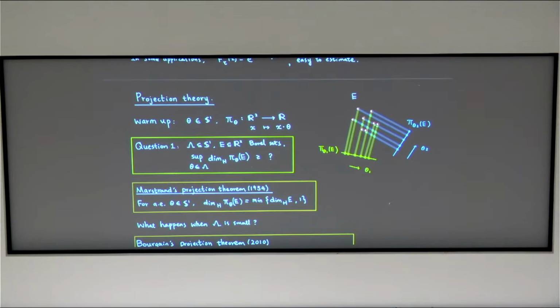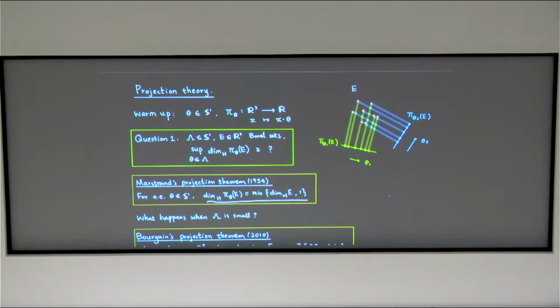So the classical Marstrand's projection theorem says that, if we allow for almost every direction, the orthogonal projection preserves the dimension, or achieves the maximal possible dimension. Since pi theta is a Lipschitz map, it cannot really increase the dimension. So this is a sharp bound.